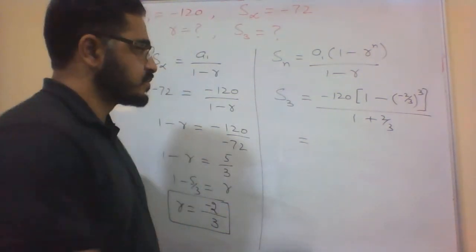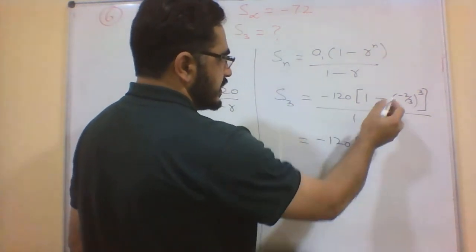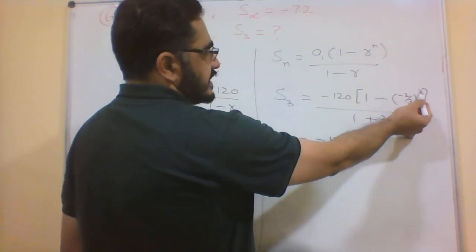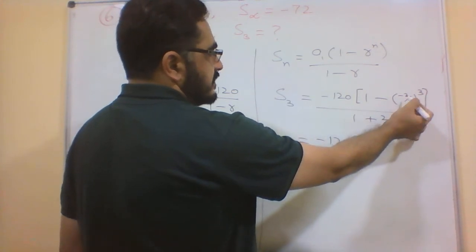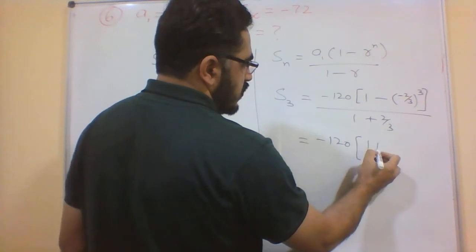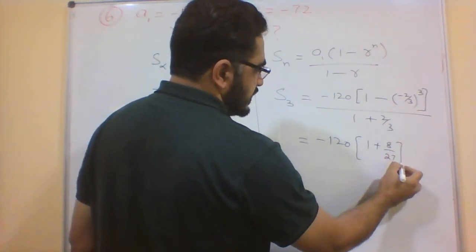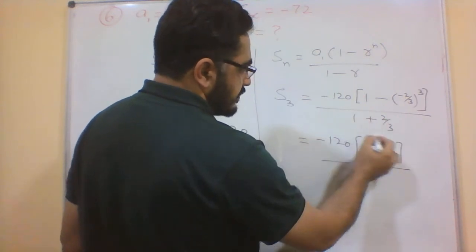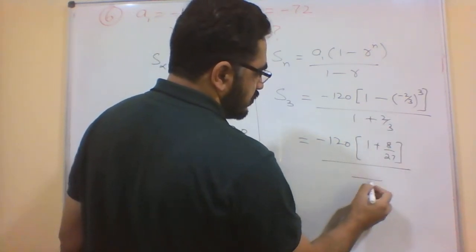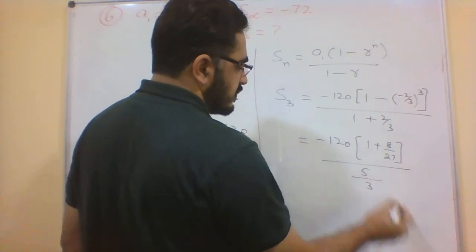This minus 120 as it is, and this power 3 is odd, so the minus will be with the base: minus into minus is plus, 1 plus 2 cubed is 8 and 3 cubed is 27, divided by, taking the LCM, all divided by 3, 3 into 1 is 3, 3 plus 2 is 5.